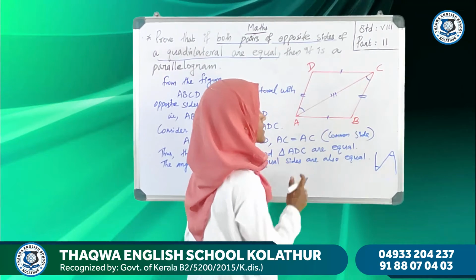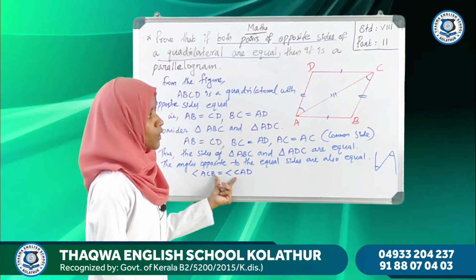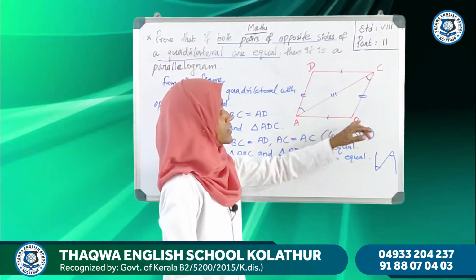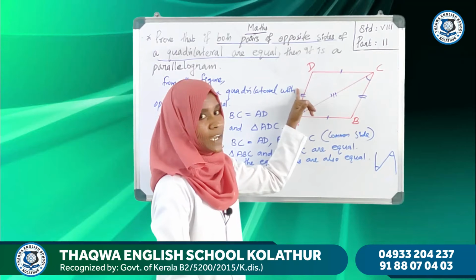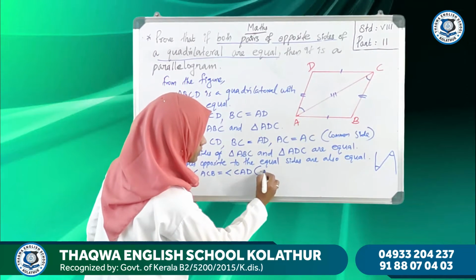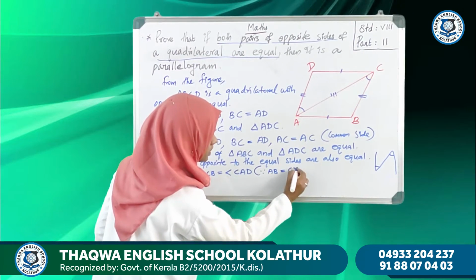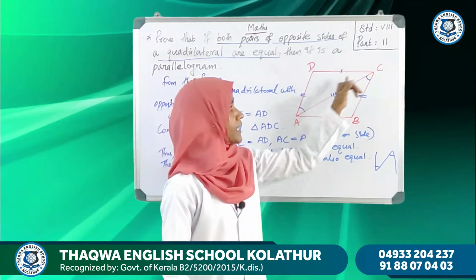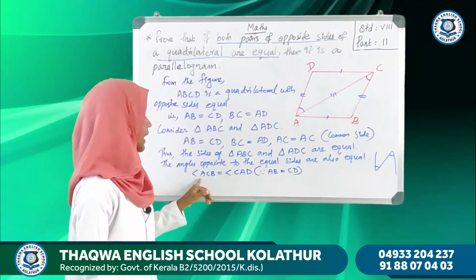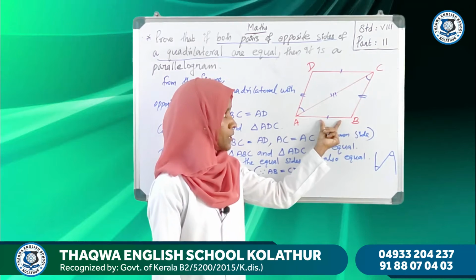These alternate angles are equal, then we can say that the lines BC and AD are parallel. Here, what is the reason? AB equals CD. Angle ACB is opposite to the side AB.